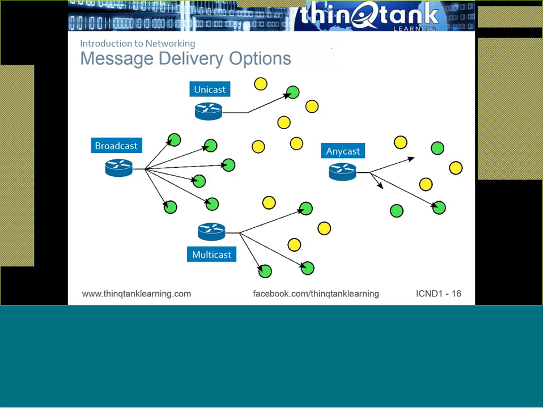There is a way to broadcast in IPv6 using multicast, but we'll get into that a little bit later on. There are a lot of protocols that use this broadcast method for communicating. DHCP, for example, a DHCP discover is a broadcast. An ARP request, address resolution protocol request, all these things we'll learn about later, that's a broadcast, all right?